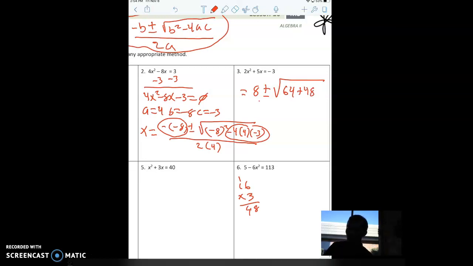Okay, and that's all divided by 8. Okay, I need to simplify the inside of that square root. What's 64 plus 48, right? Looks like it's 112.